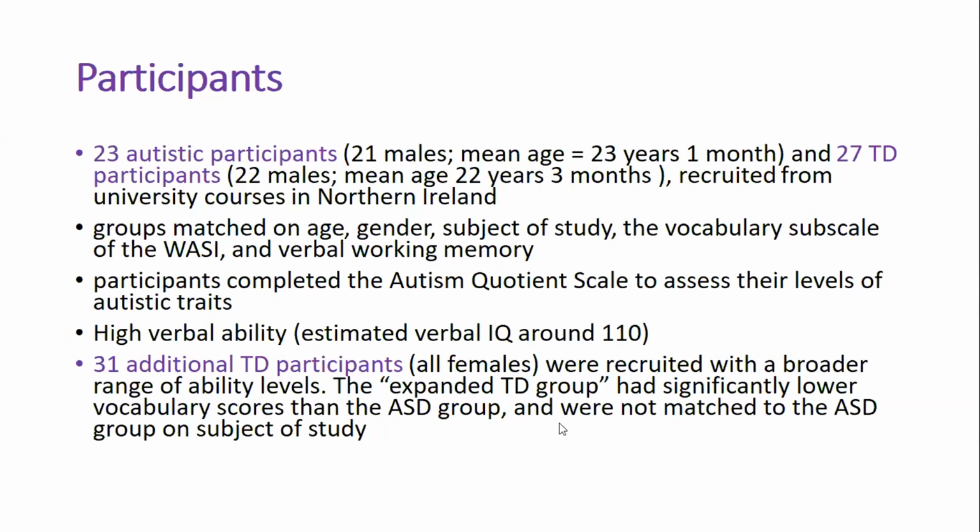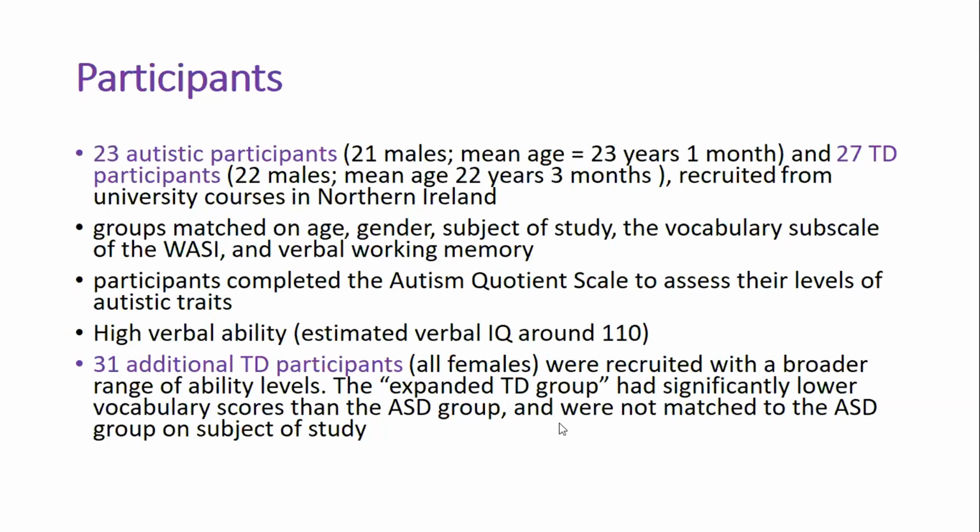And we asked both groups to complete the autism quotient scale, which is basically assessing these autistic cognitive characteristics that I described earlier. And all participants had very high verbal ability, with a verbal IQ of around 110.